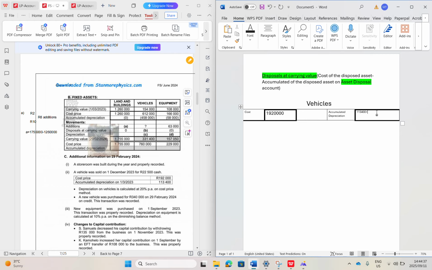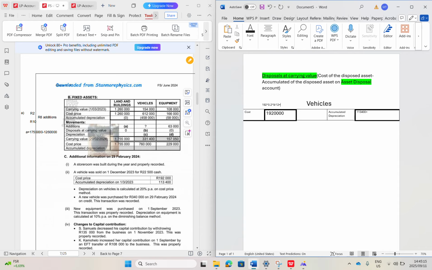If you count from March to November, you get 9 months. So to calculate depreciation, you take the cost, 192,000, multiply by the rate of 0.2 or 20%, multiply by 9, divide by 12 months.